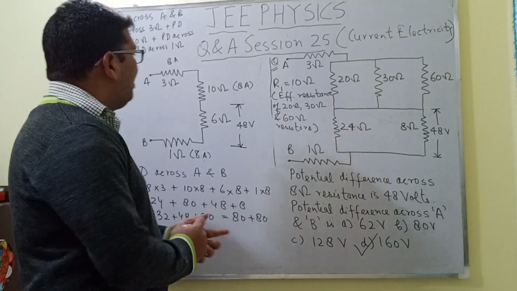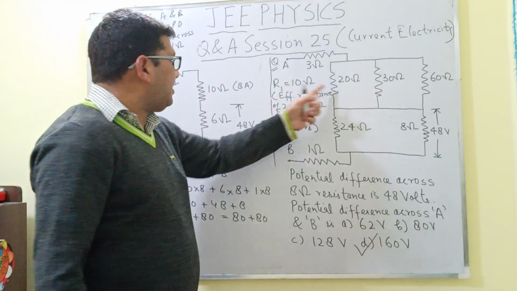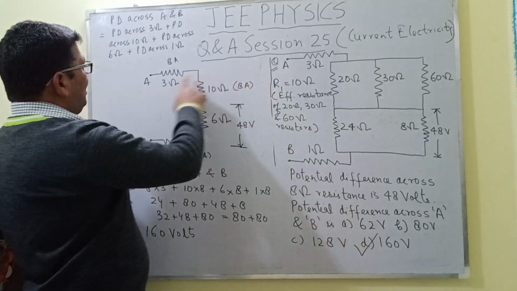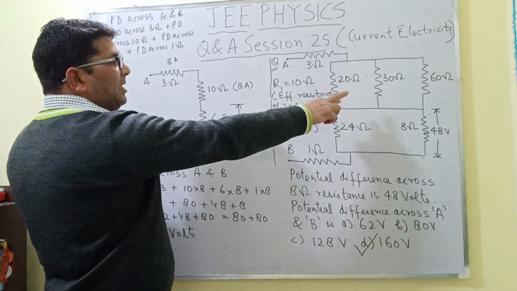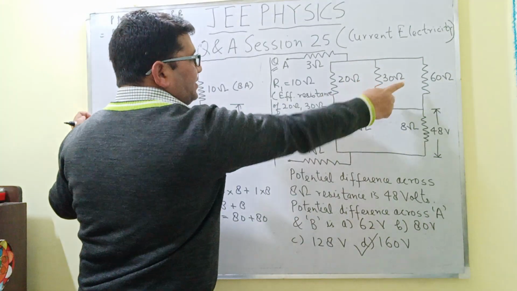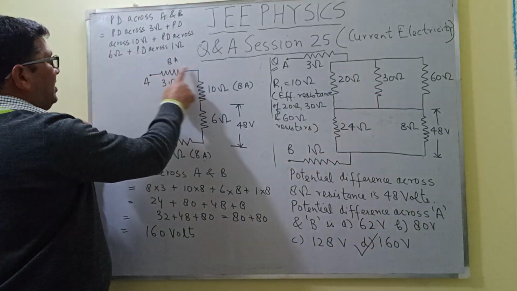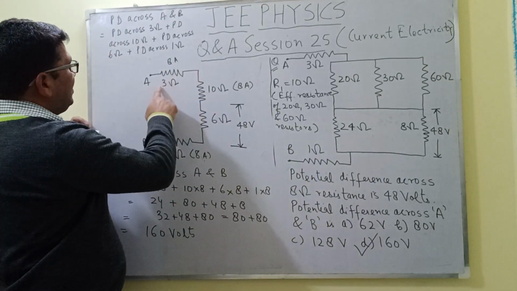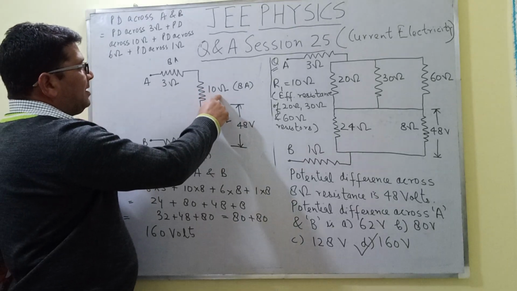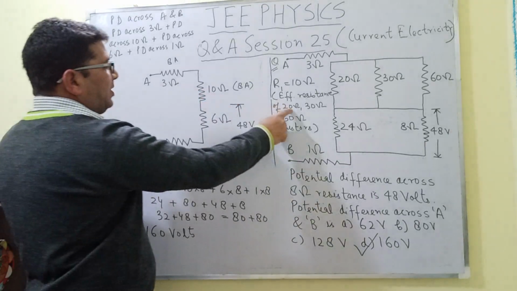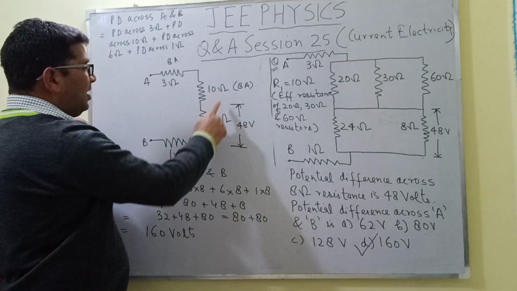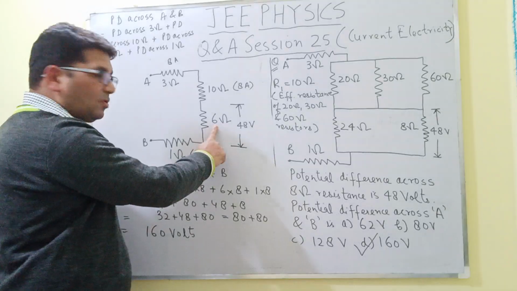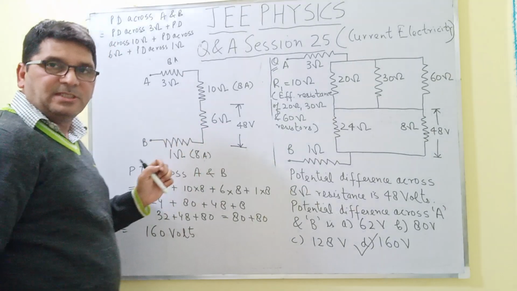And then we have redrawn this electrical circuit here, and so after calculating the equivalent resistance of these three resistors and these two resistors, we got this electrical circuit in which this 3 ohm, this equivalent resistance of 20, 30 and 60 ohm, which was equal to 10 ohm, and the equivalent resistance of this 24 ohm and 8 ohm resistor which was equal to 6 ohm, and this 1 ohm, they all are in series.